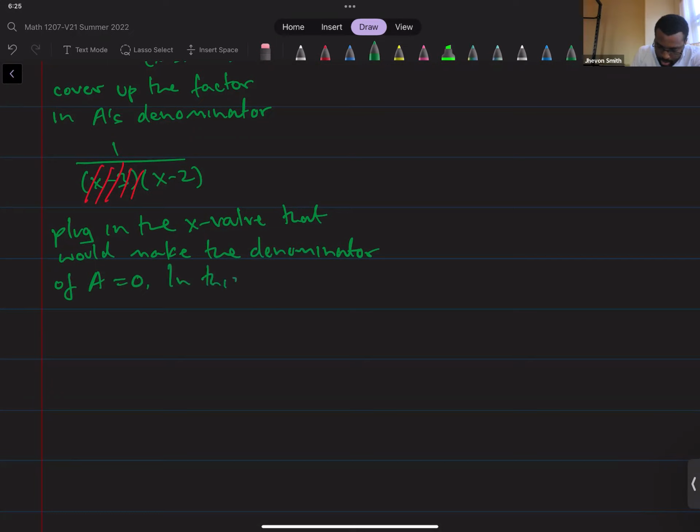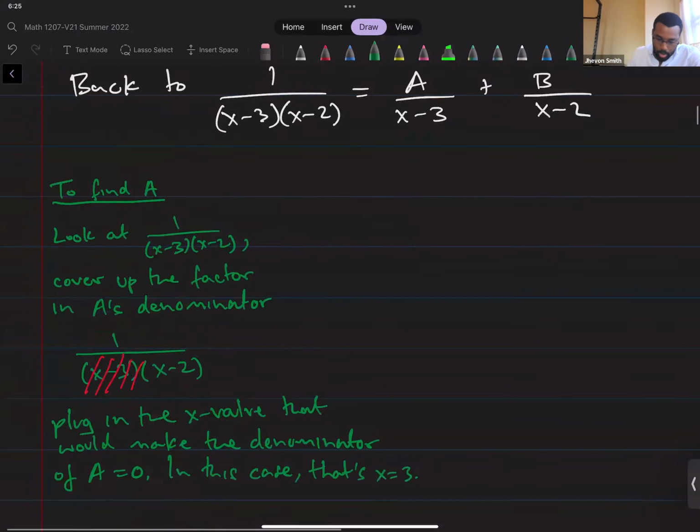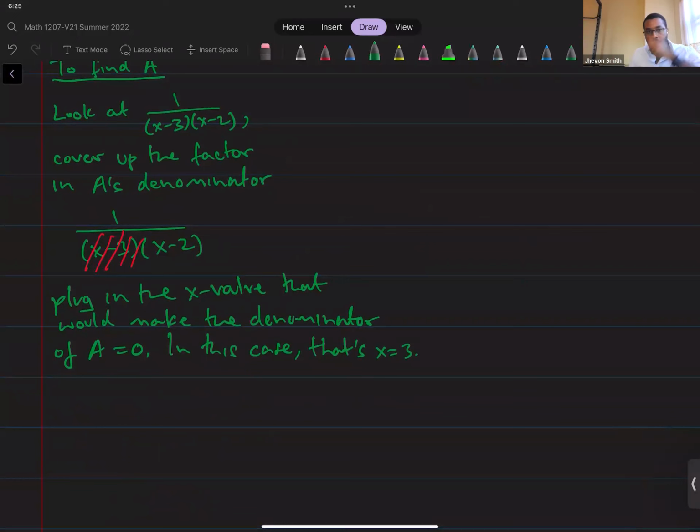In this case, that's x equals 3. Plugging in x equals 3 would make the denominator of the A factor 0. So I look at the left side, I cover up the x minus 3, and I plug x equals 3 into the remaining thing that I see.